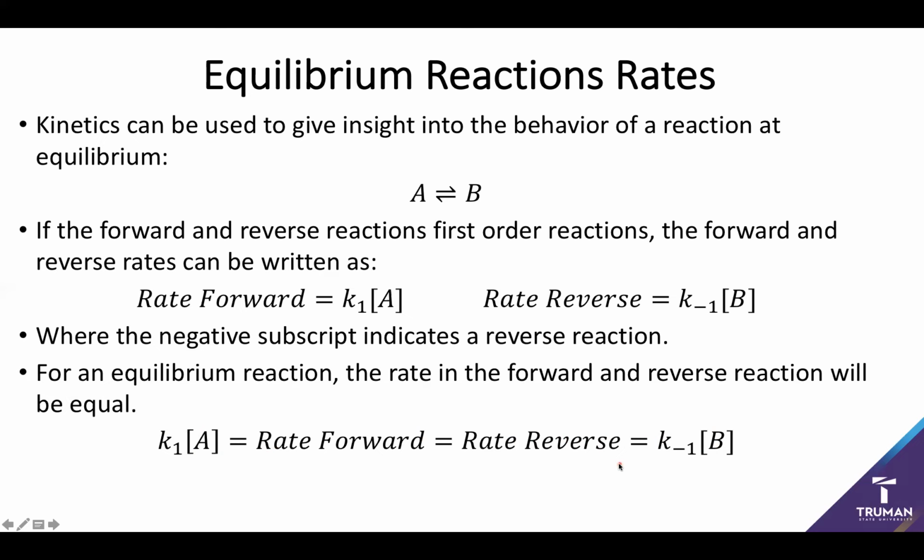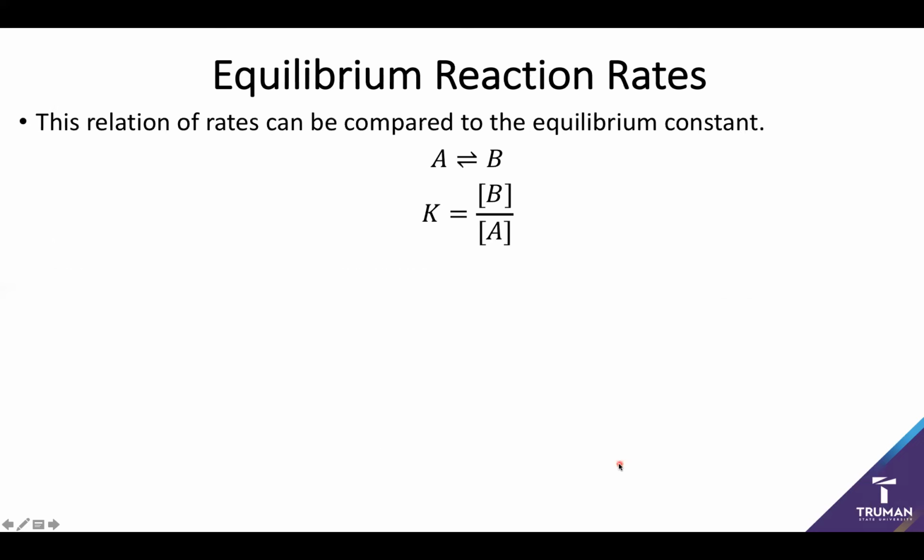We can get a little bit more insight if we take a look at the equilibrium constant for this reaction. So the equilibrium constant for this reaction is, again, products over reactants. However, if we write this in rate form, we know that these forward and reverse rates are equal to each other. So we can rearrange this set of rates to give us the concentration of products B over reactants.